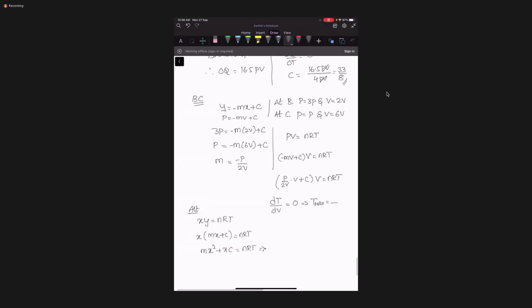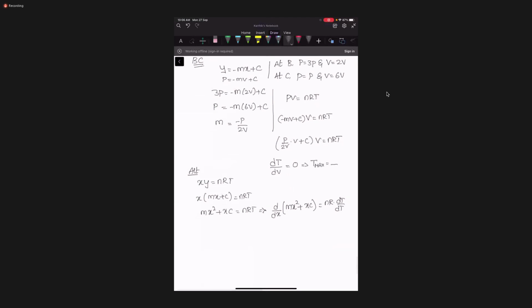From this, differentiation on both sides: mx square plus xc is equal to nR into dT divided by dx. Clear? So it will be 2mx plus c is equal to nR into dT divided by dx.